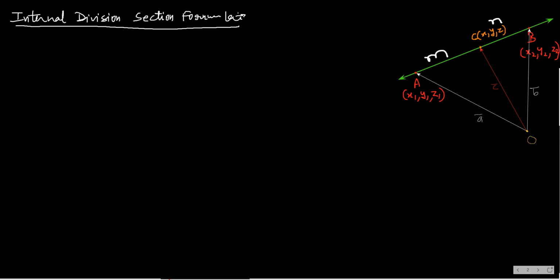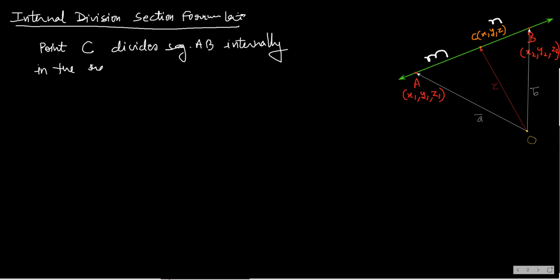So first I make a statement. Point C divides segment AB internally in the ratio m is to n.